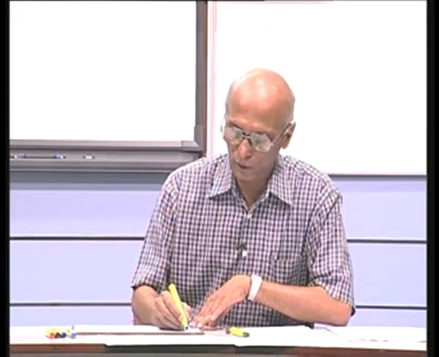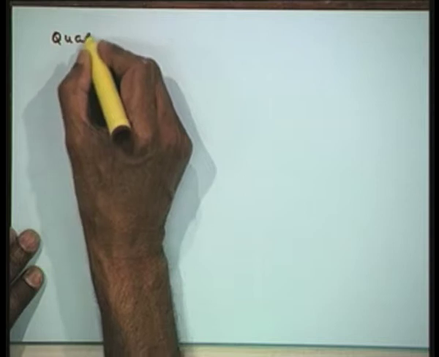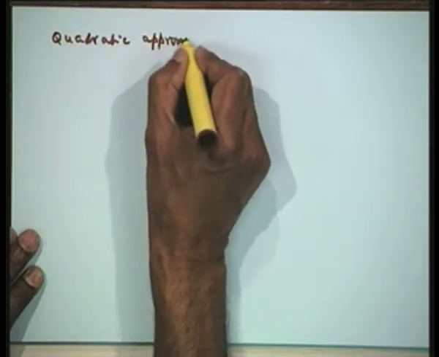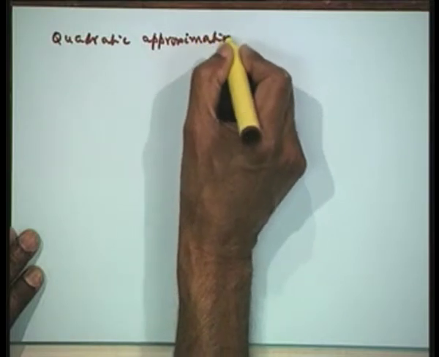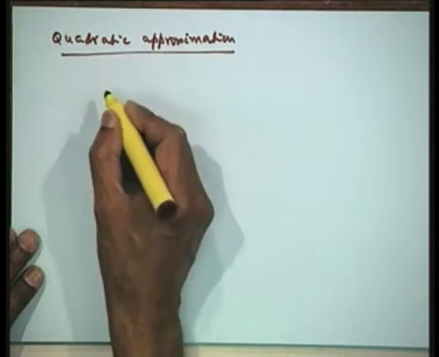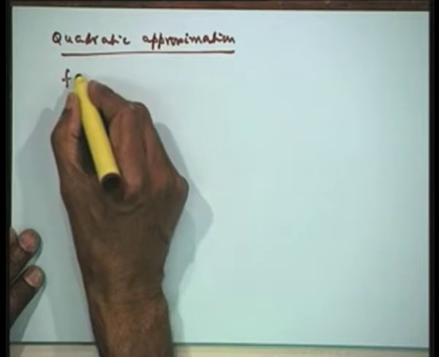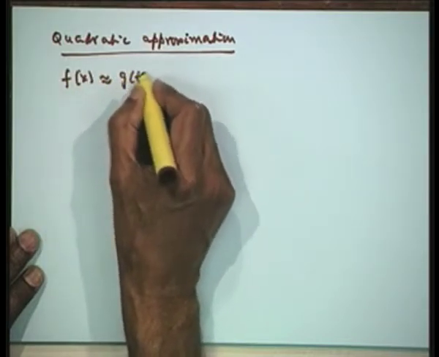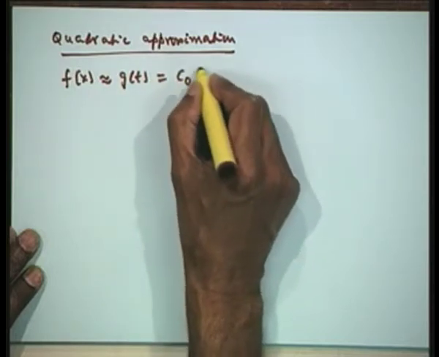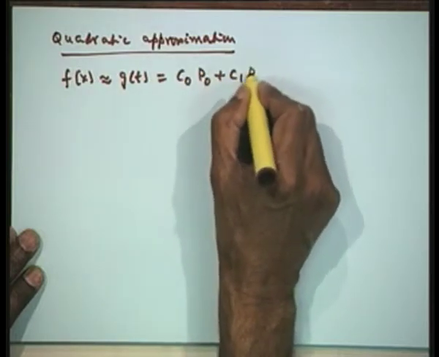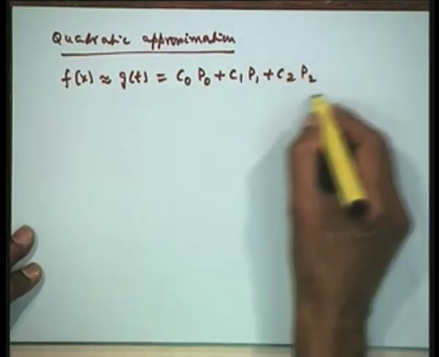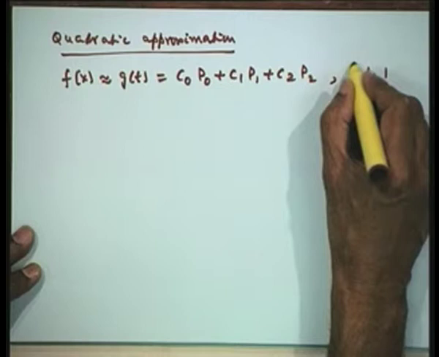So, I would now write down the quadratic approximation. Therefore, I will now write down f(x) is approximately g(t), that is equal to C0 P0 plus C1 P1 plus C2 P2. They are all in terms of t, and t lying between minus 1 and 1.